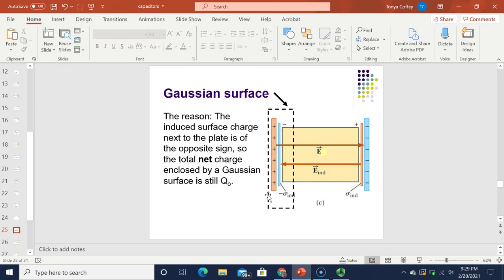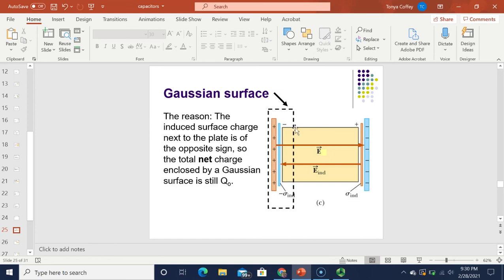See here on this left side, I have positive charge on my capacitor plate, which is in orange. But then here in the middle, I've got my dielectric in yellow, and I've got an induced surface charge density at the edge of my dielectric. That induced surface charge density will, because of the way that the dipoles rotate, be negative. So we have a negative induced surface charge right here.